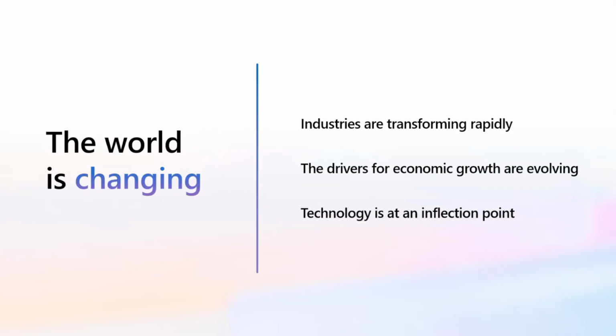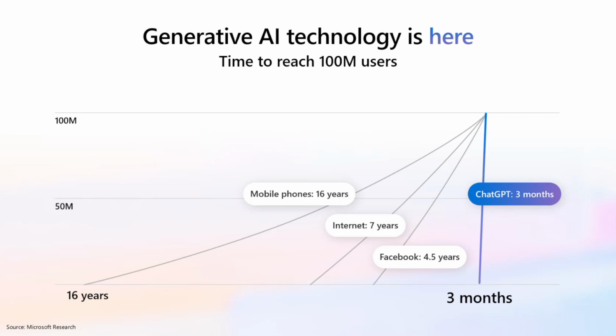Right, so as you are most probably all aware, the world is changing. The last huge technology impact that we had was the introduction of the internet. So industries are adapting and transforming rapidly to accommodate AI. We haven't experienced a diffusion at this scale in the tech industry for quite some time.